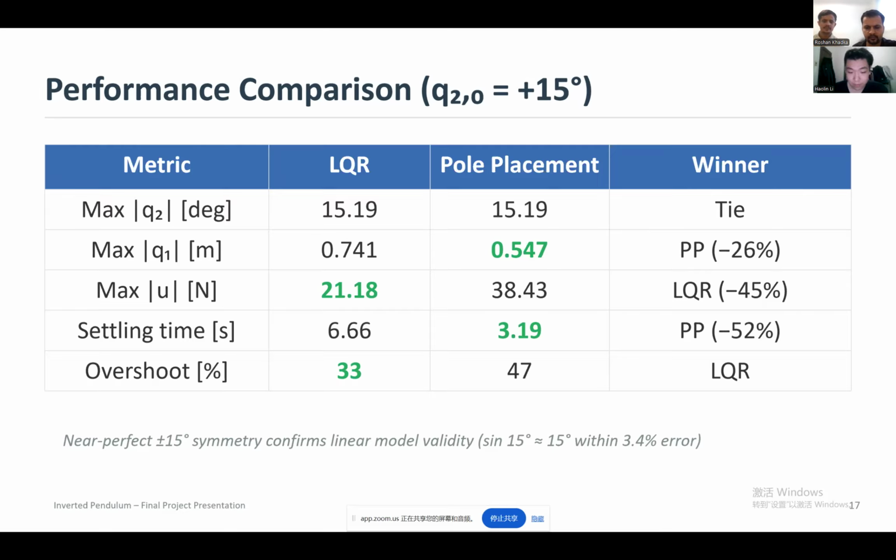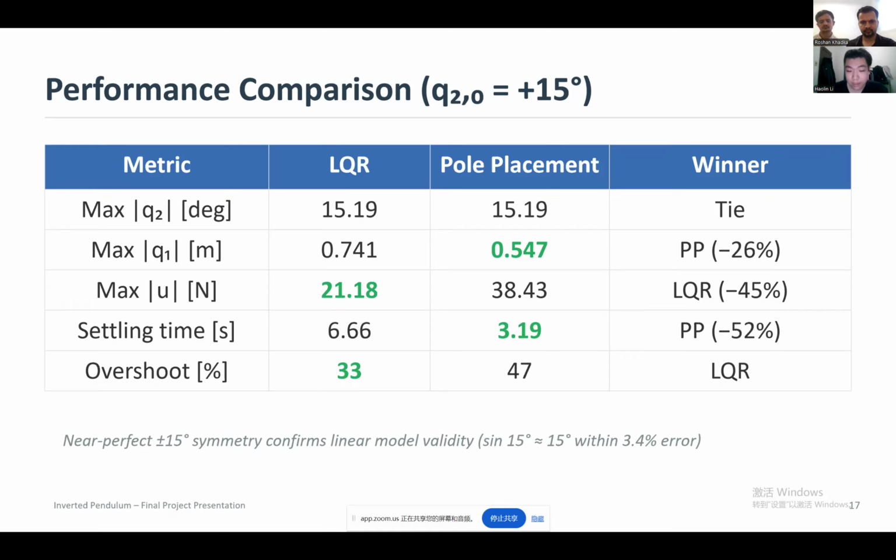For settling time, pole placement settles in 3.19 seconds, while LQR takes 6.66 seconds. So pole placement is 52% faster. This makes sense because the slowest pole placement pole is at -2, but the slowest LQR pole is only at -0.92. A bigger number means faster decay. The last row is overshoot.